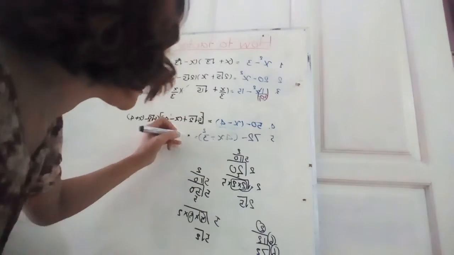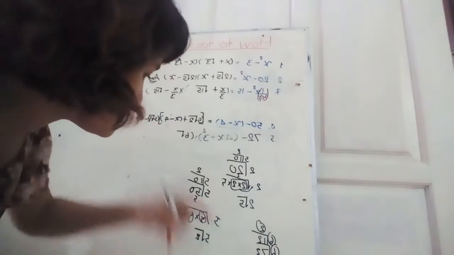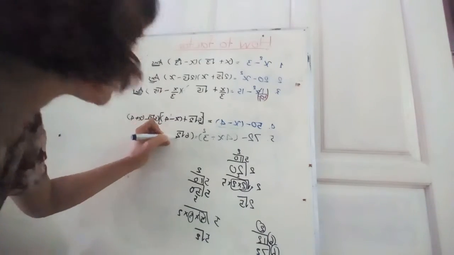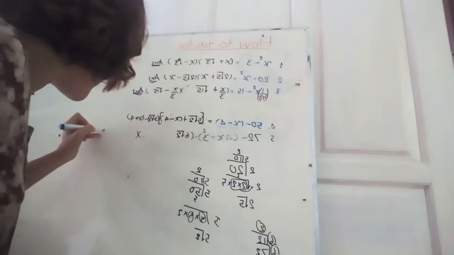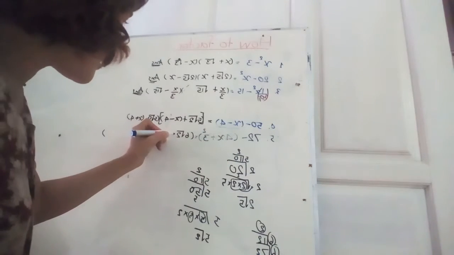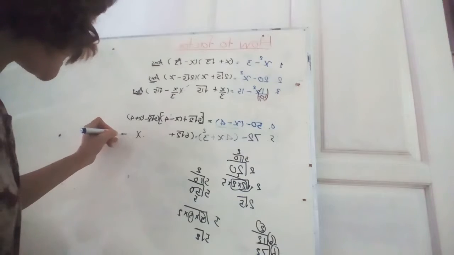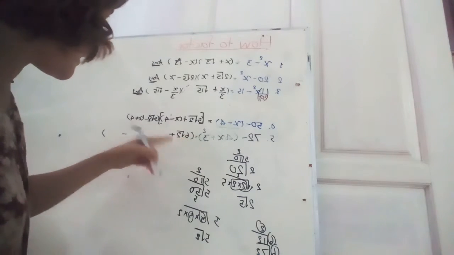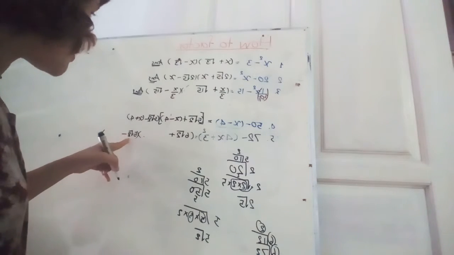Okay, so for 72, you get 6 the square root of 2 over here, and then I put the bracket first, like this. Again, the minus sign over here, you have to put plus first and then minus later. I forgot to write this one: 6 the square root of 2.